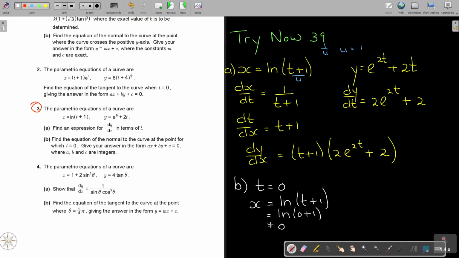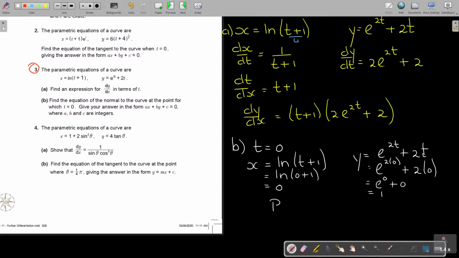Okay, and if I go to my y, it's e^(2t) plus 2t. And again I go with t equals 0, so it's e^(2 times 0) plus 2 times 0, and that will give me e to the power 0 plus 0, and that will just give me 1. So therefore my point will be 0 and 1.